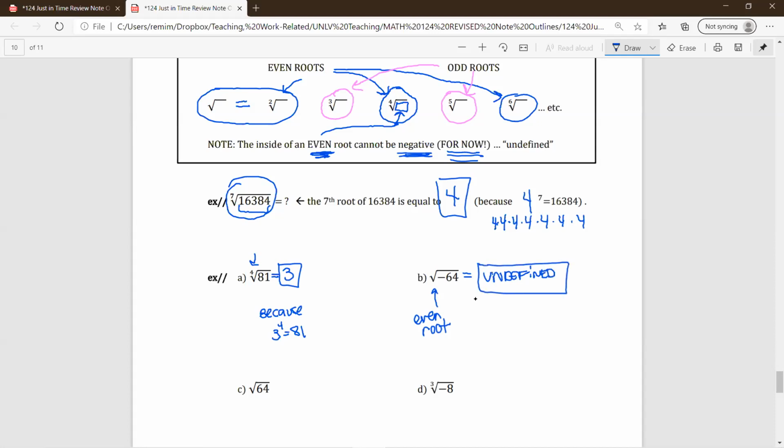Because for now, no negatives inside even roots. For now. Later on, we can do something where we can have that, but for now we're just going to say undefined, okay, until we get to that point.